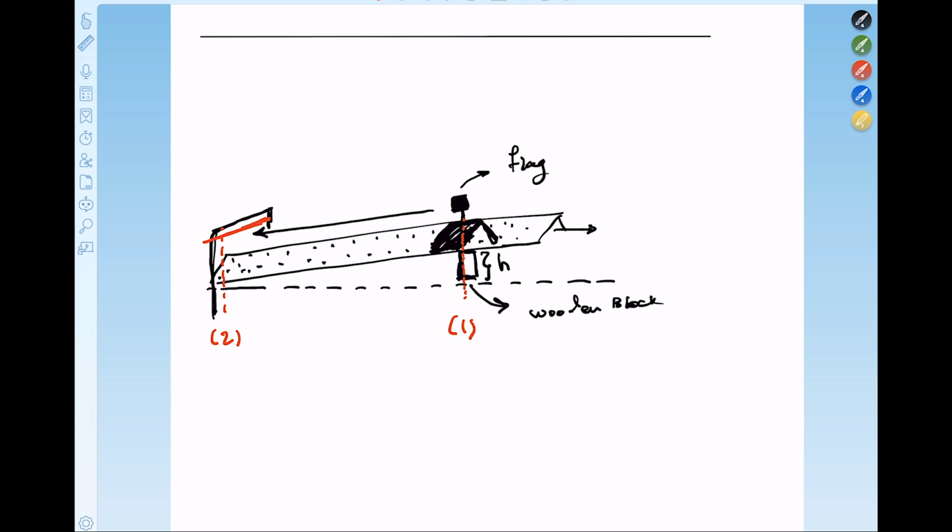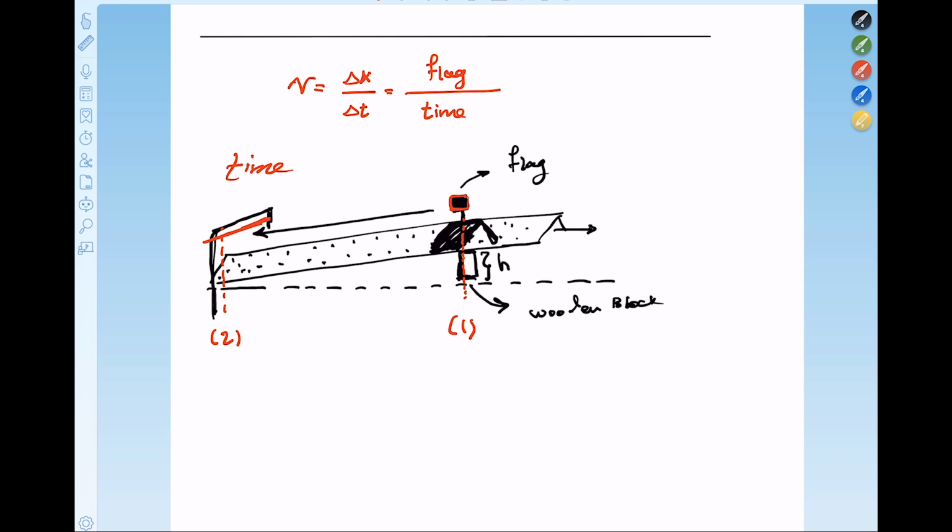As soon as it's blocked by the flag, it'll start the time, okay? And when it's unblocked, it'll stop the time. So you have the time that the flag was blocking the photo gate. All right, so then you can measure the velocity. Again, velocity is delta x divided by delta t. This is the flag length, or the width of the flag. t is the time that the photo gate is giving you, so you can find the velocity of the glider when it passed through the photo gate.